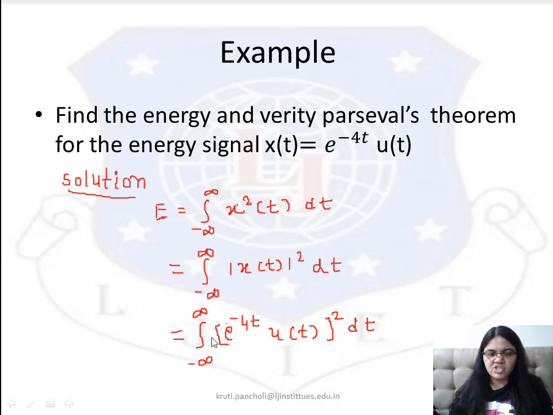So here we can change the limit from 0 to infinity to get u(t) equal to 1. Simply we understand that u(t) equals 1.